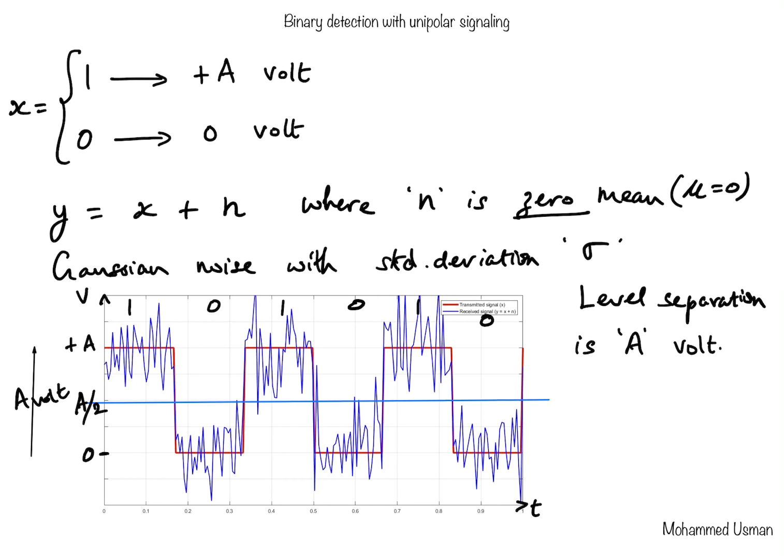If the received signal Y is greater than this threshold, we will decide it's a 1, and if it is less than the threshold, we will decide it's a 0.